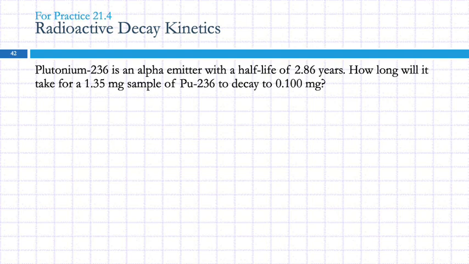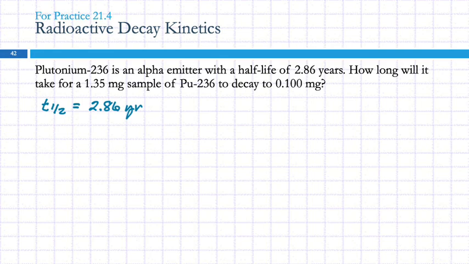So plutonium-236 is an alpha emitter with a half-life of 2.86 years. How long will it take for a 1.35 milligram sample of plutonium-236 to decay to 0.100 milligrams? So the half-life is 2.86 years.